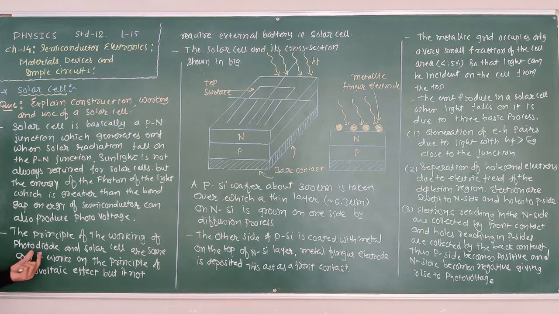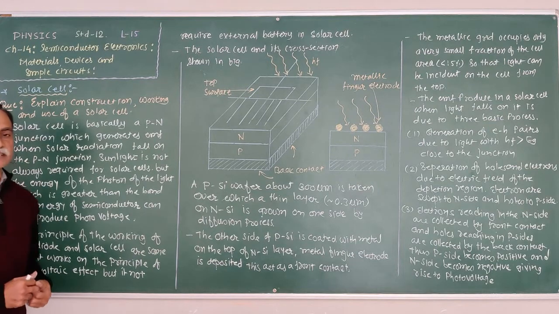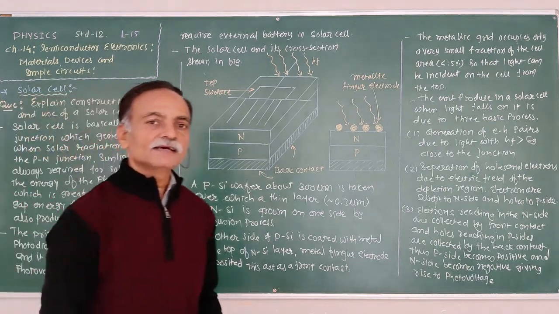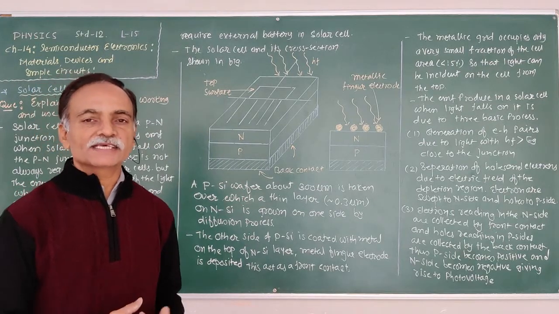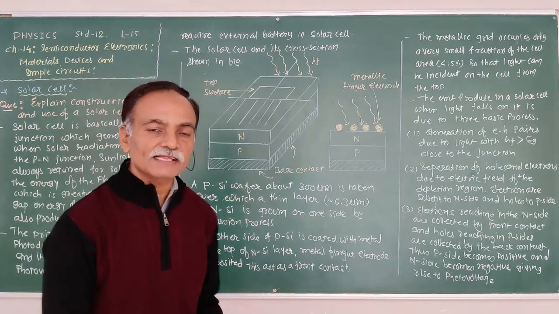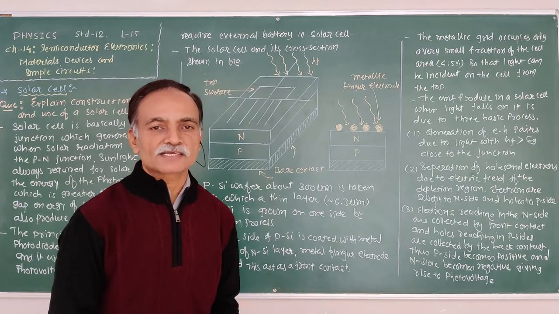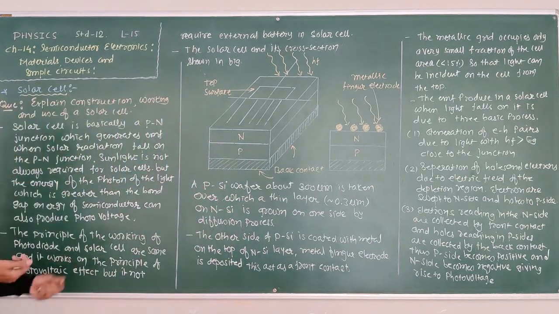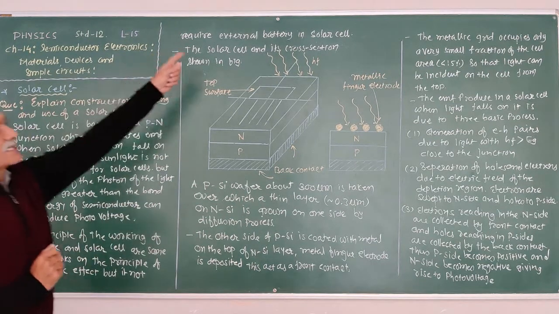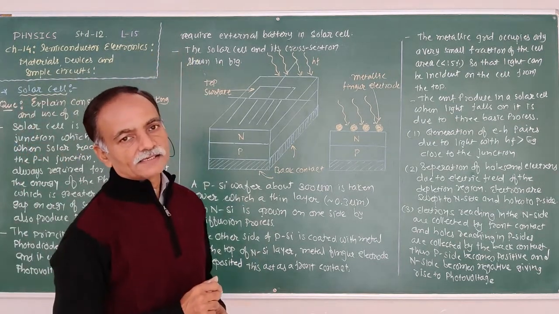The photovoltaic effect means that as sunlight is incident, the electrons in covalent bonds absorb the energy. When the energy is more than the band gap energy, they cross the junction and produce current. But in a solar cell, no external battery is required.